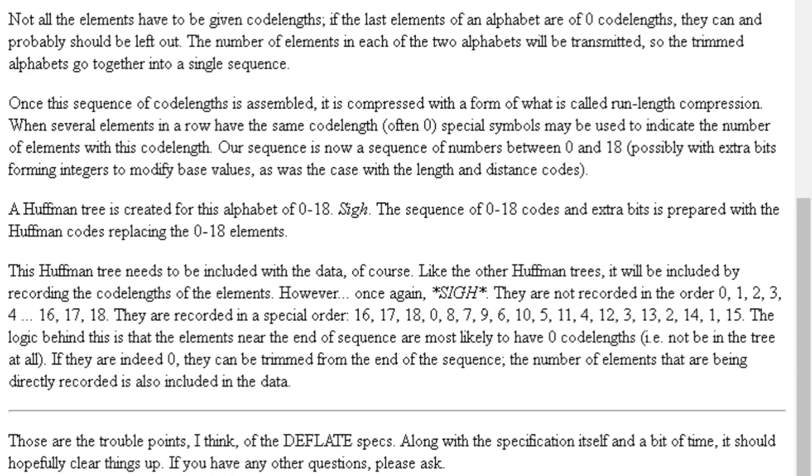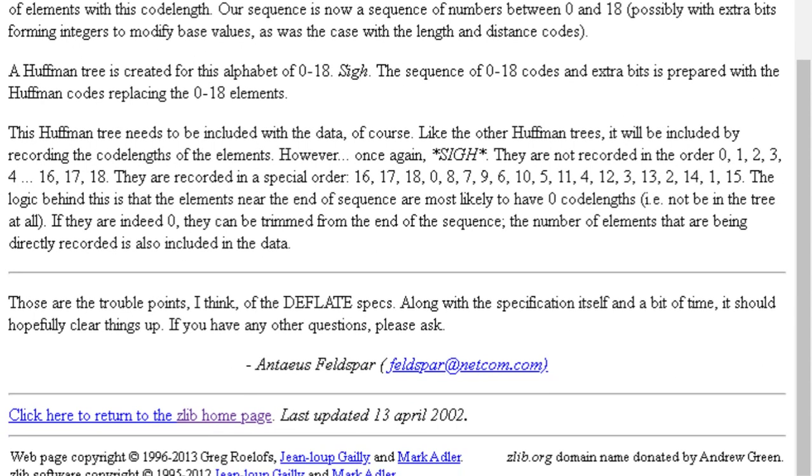The sequence of 0 to 18 codes and extra bits is prepared with the Huffman codes replacing 0 to 18 elements. This Huffman tree needs to be included with the data. Of course, like the other Huffman trees, it will be included by recording code lengths of the elements.